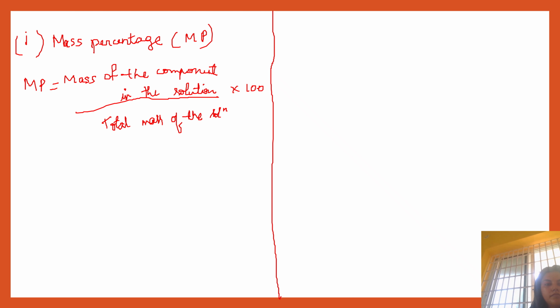There are several ways by which we can describe the concentration of a solution. First way is mass percentage, represented as MP. It is not a standard representation; I am giving the name as MP. Mass percentage is equal to the mass of the component in the solution divided by the total mass of the solution into 100.